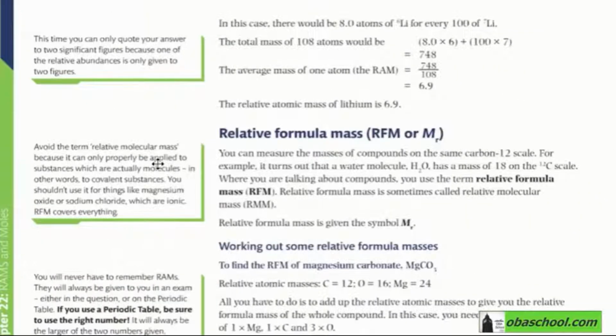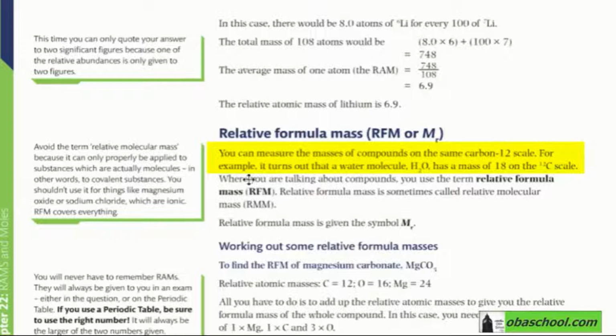After learning about the relative atomic mass, we'll see now the relative formula mass, RFM or Mr. You can measure the masses of compounds on the same carbon-12 scale that we've used before.